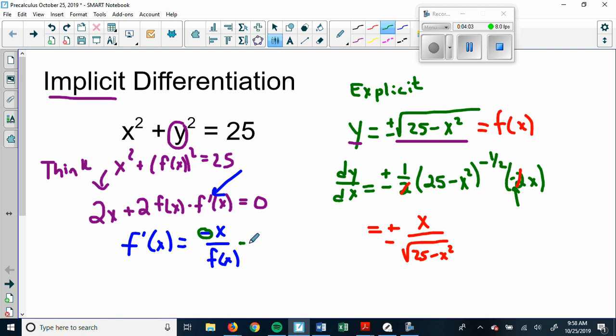And so now if we solve this, f of x is plus or minus x over the square root of 25 minus x squared. We put this in for f of x. All right, I want to show you two examples here. One with how we're actually going to do this, and then one with the product rule.